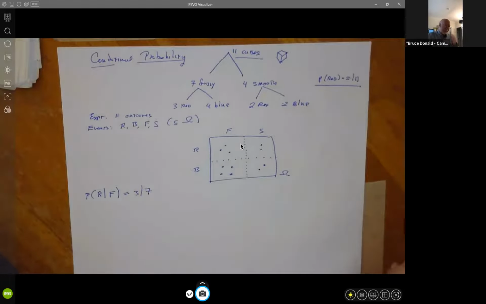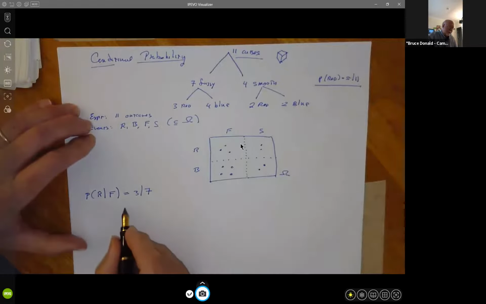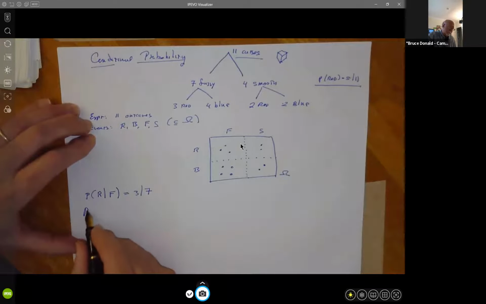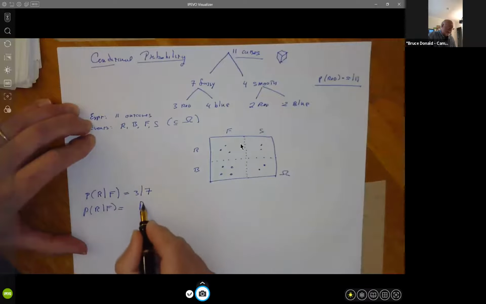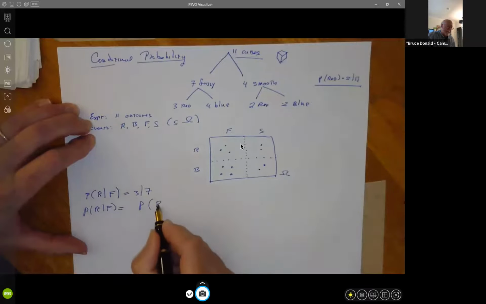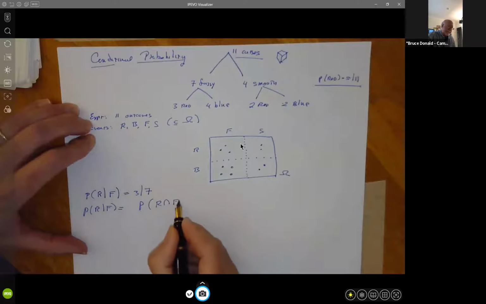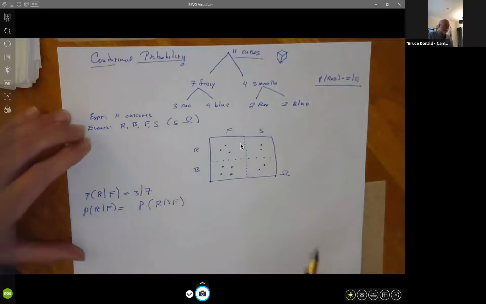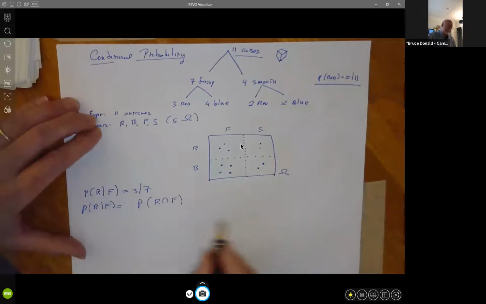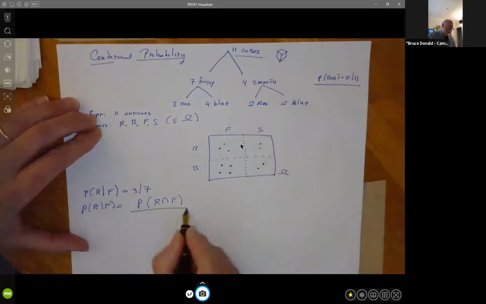Now we can actually define what that means, and this is a general formula. This is equal to the probability of R intersect F, namely of the events red and fuzzy occurring at the same time, divided by the probability of being fuzzy, like this.